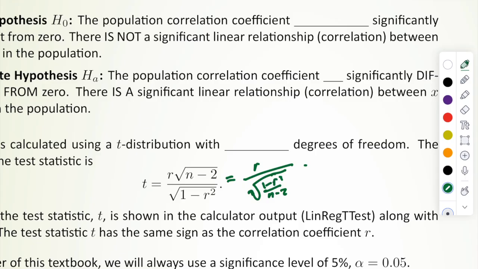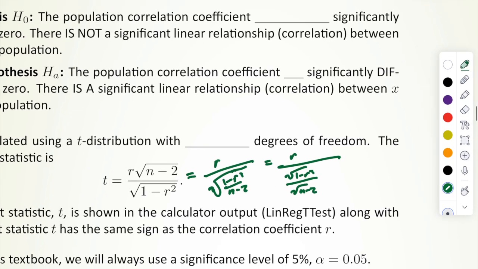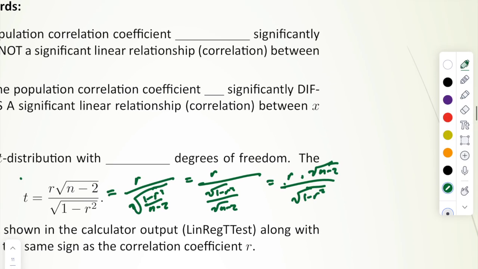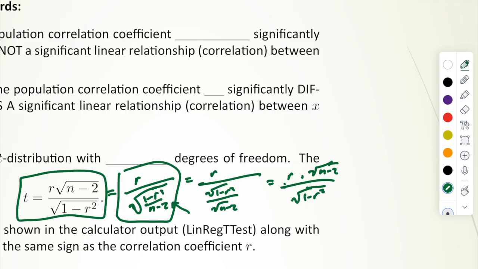These two things are equivalent because this is r over square root 1 minus r squared over square root n minus 2. How do you divide by a fraction? You multiply by the reciprocal. So n minus 2 over square root 1 minus r squared, and we get what they have. But I like this one because it really tells me what the standard error is, the thing on the bottom.